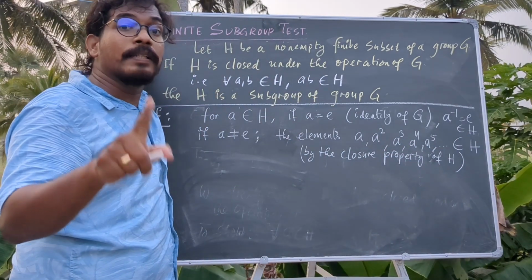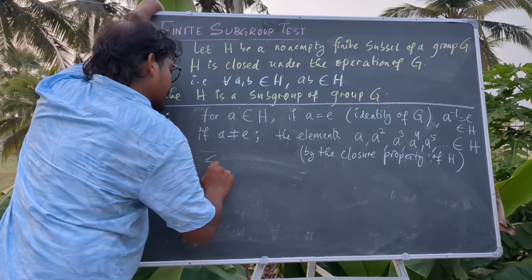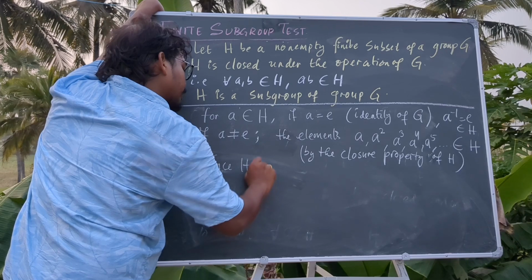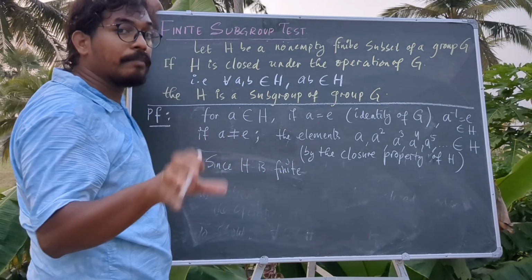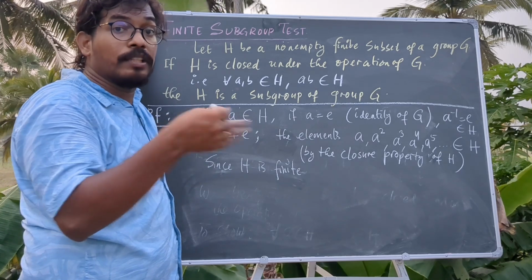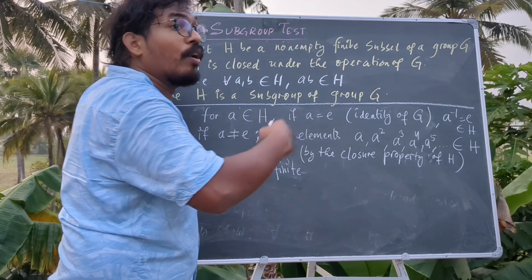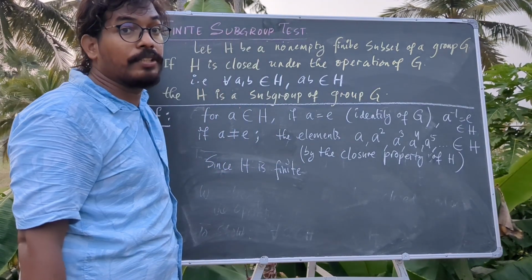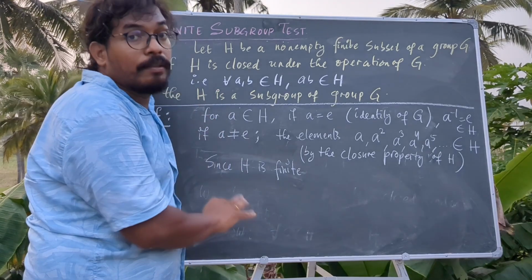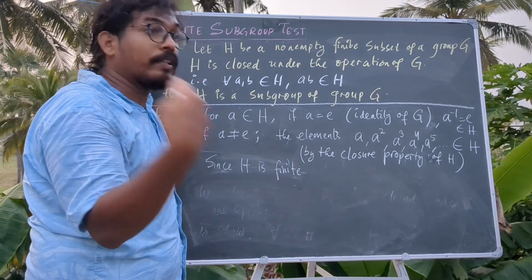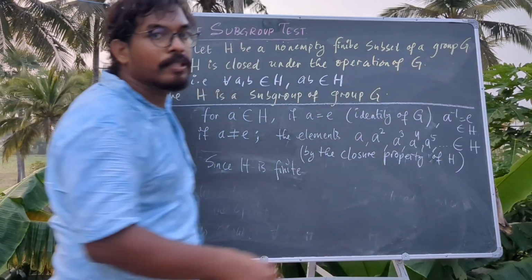Also, this set is finite. Since H is finite, finite means it has finitely many elements. You can count the elements of the subset H. The elements can't go on like the set of integers or the set of natural numbers. We have finitely many elements. We can count them. We have either 10 elements, 100, or 1000, or 521 elements.